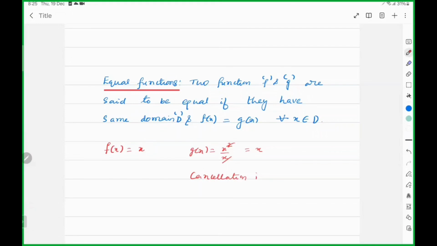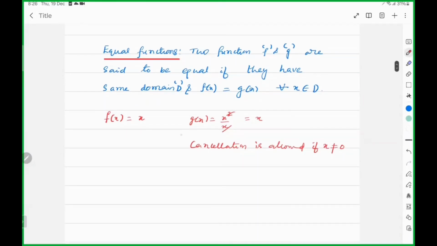Cancellation is allowed if x is not equal to 0. So here, as it is, g is not defined for x equal to 0.